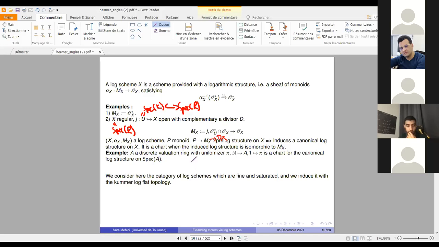And in fact, we can find a chart for this log structure, and this chart is modeled on the constant sheaf equal to N, the monoid of natural numbers. Here, A is a discrete valuation ring, so it has a unique maximal ideal, denoted M, and this is a principal ideal. So it is generated by an element, say p, and this is what I call the uniformizer. And this chart is given by: to 1 I associate this uniformizer.